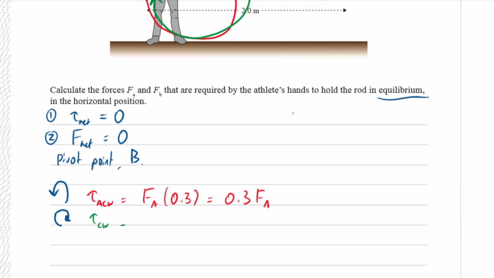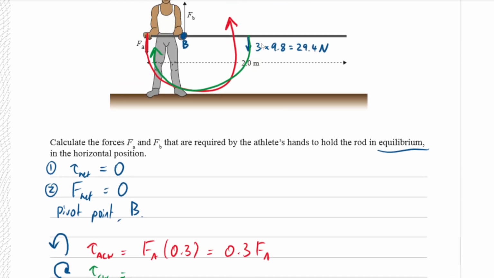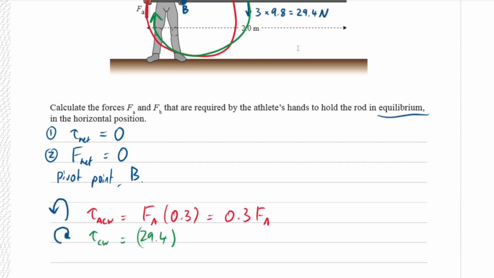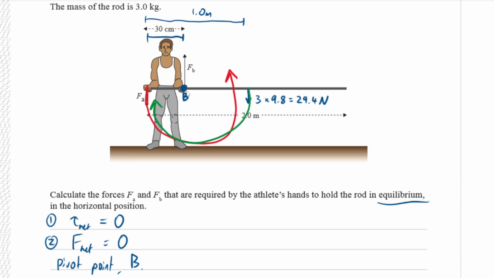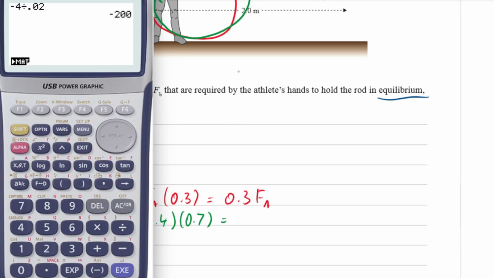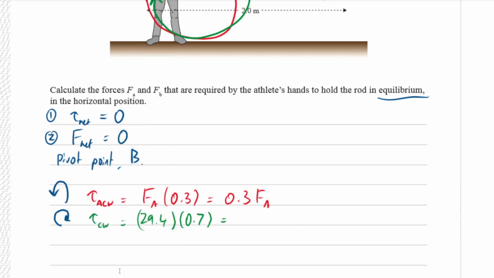So torque clockwise is that weight force, 29.4 newtons, times the distance from the pivot point. So I chose B, so this distance here is 1 meter minus 30 centimeters, so that's 0.7 meters. And so that's 29.4 times 0.7, 20.58 newton meters, right? Force times distance.